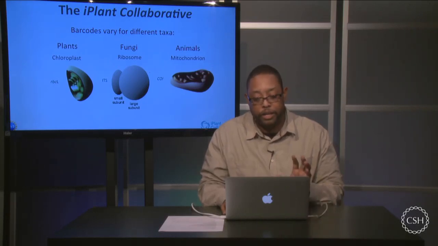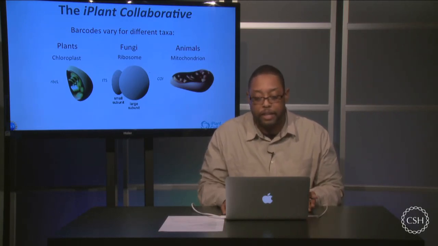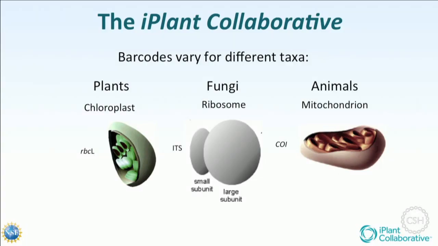We're going to look at cytochrome oxidase 1, which is found in many different animals. The idea is we're going to be targeting the mitochondria in many animals. So for plants, we're going to be looking at chloroplasts, fungi, the ribosome, and then for other animals, we're going to be looking at the mitochondria, and this includes vertebrates and invertebrates.